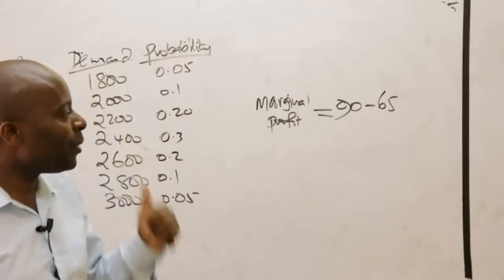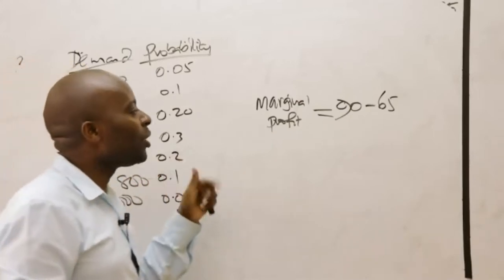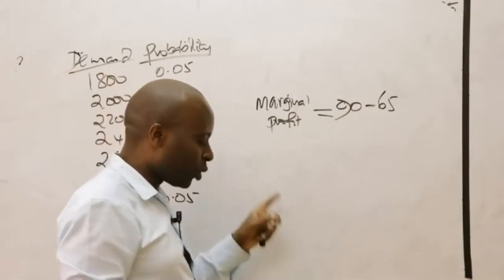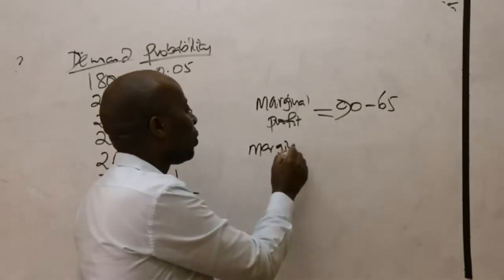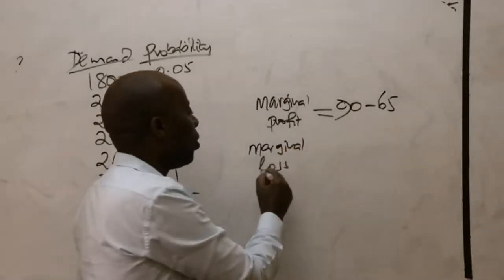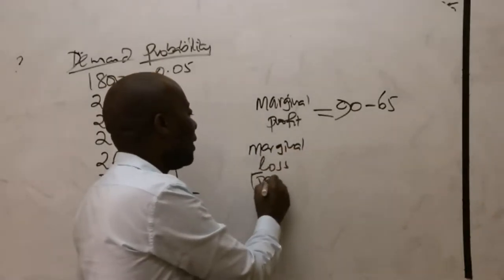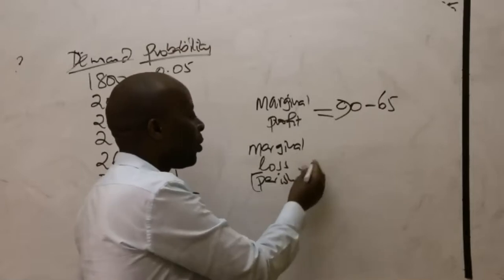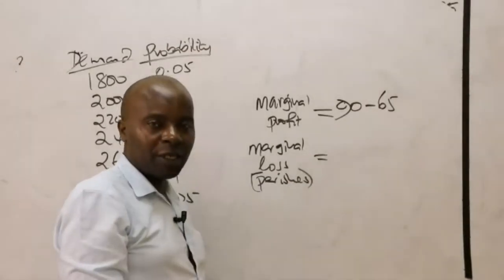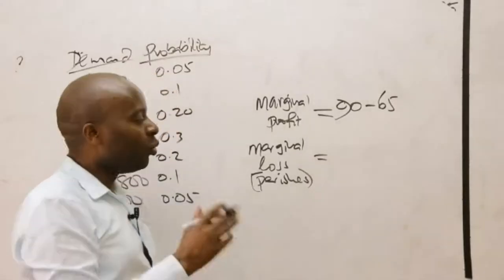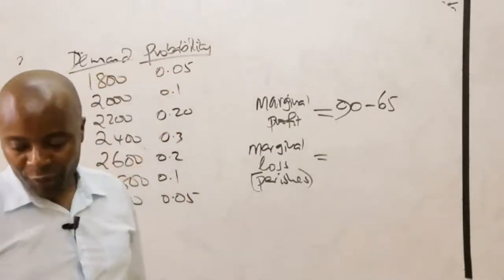For such an item, we normally use marginal analysis. The first thing you do is to give us marginal profit, and then give us the marginal loss. Marginal loss is applicable if the product perishes and we sell it tomorrow. If it perishes, what price are we going to fetch from note number 3?